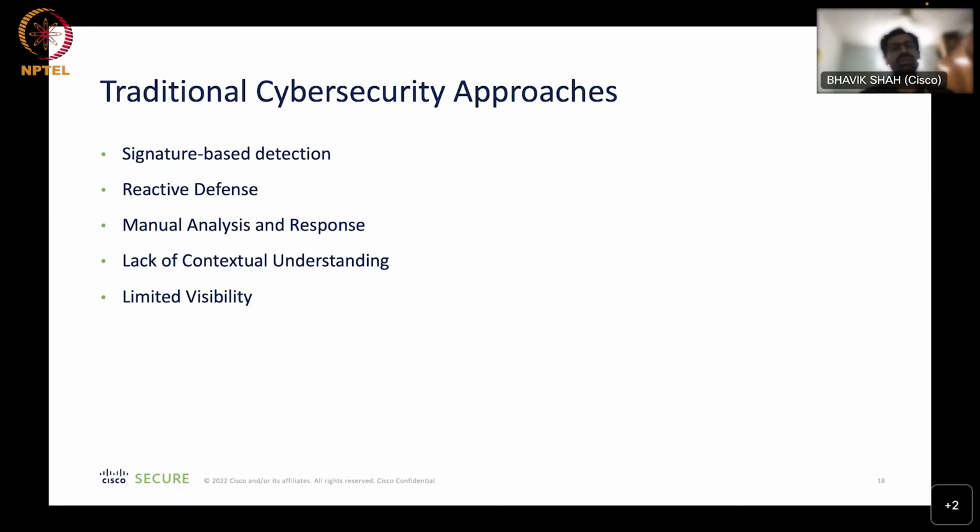So all signature-based detection works on application layer data, what kind of data is being transferred by the different applications. In this case it's HTTP; tomorrow it can be some other protocol like QUIC.